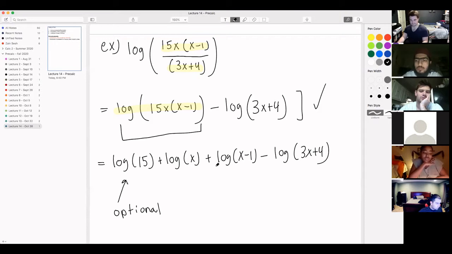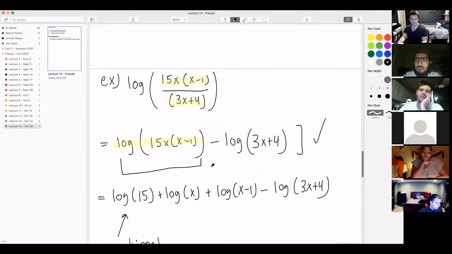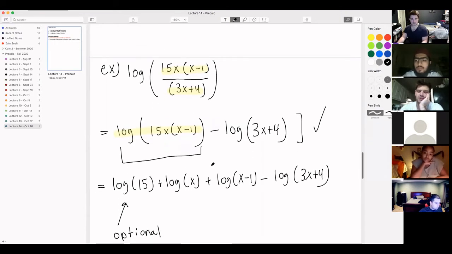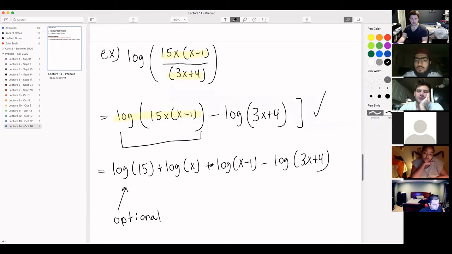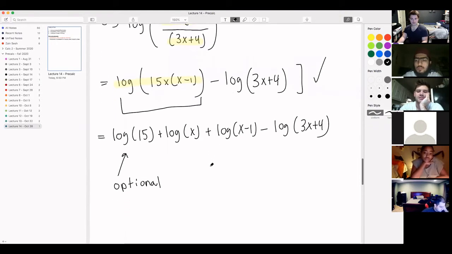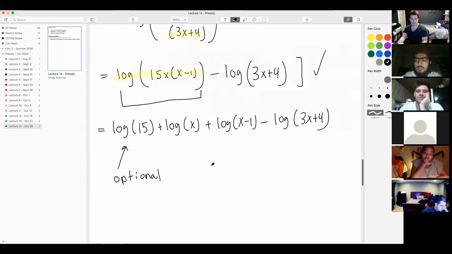I have a quick question. I've noticed kind of a pattern where we don't really expand when there's an x minus 1 or a 3x plus 4. Could we break that down more, as log of 3 plus log of x? Okay, good question, but no, because this is not a logarithm of a product.